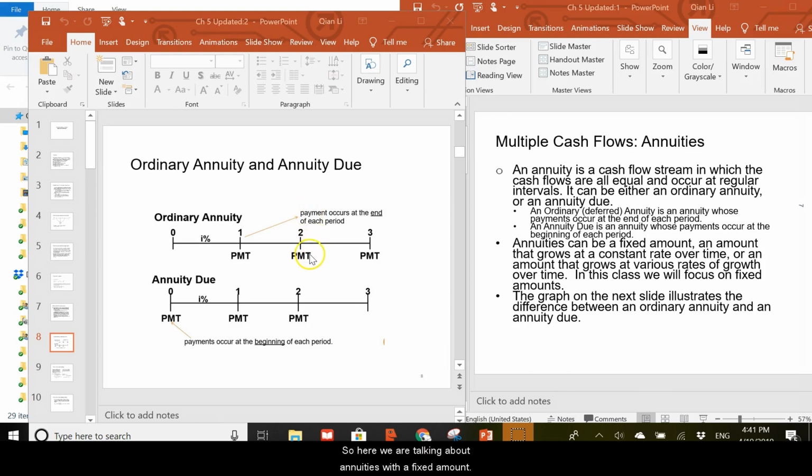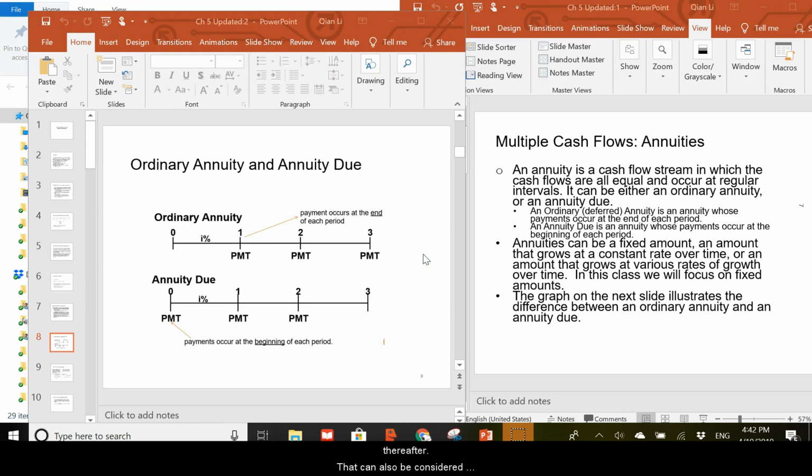So here we are talking about annuities with a fixed amount. Sometimes there are also annuities that grow at a constant rate. So for example, we have a company paying dividends of $5 in the first year, but then the dividends are growing at the same 5% growth rate every year thereafter.